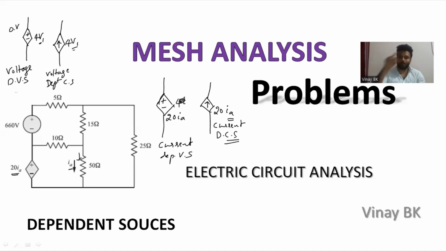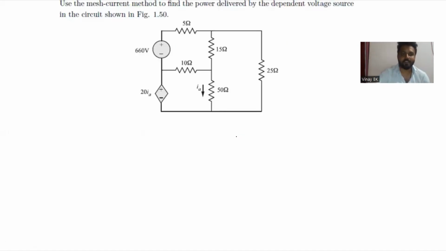With the help of this basics, let's solve one problem now. Use the mesh current method, mesh analysis, or loop current method to find the power delivered by the dependent voltage source in the circuit shown below. This is the dependent voltage source, 20 into IA.